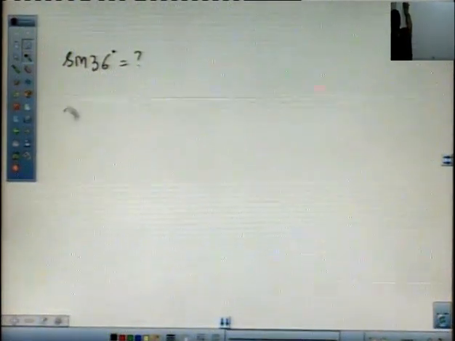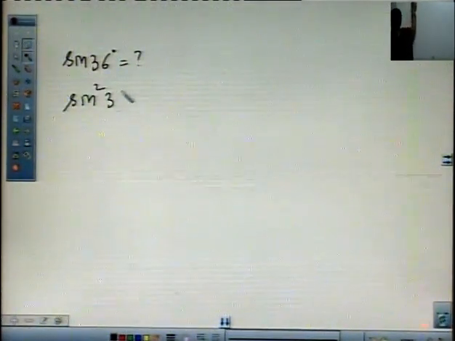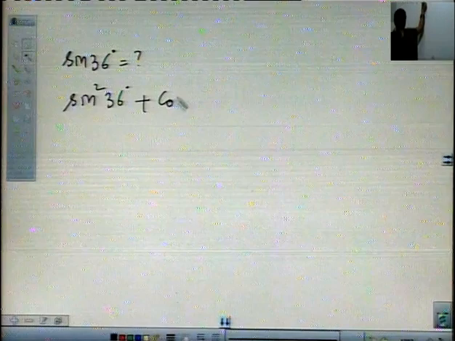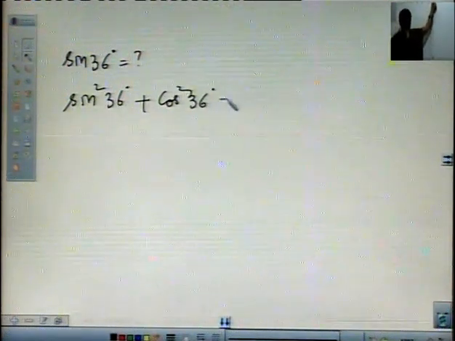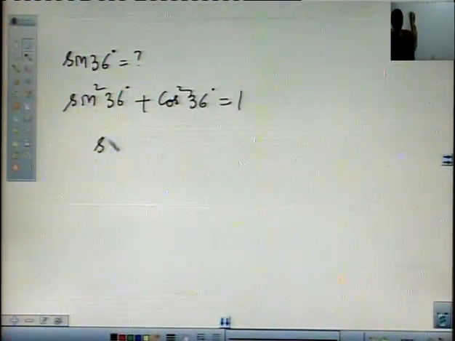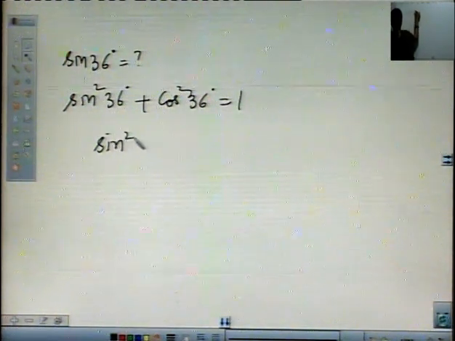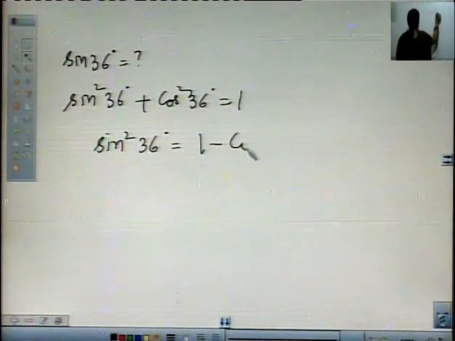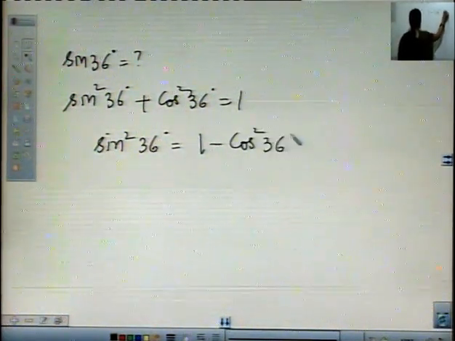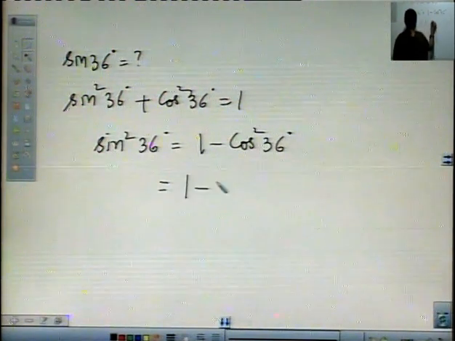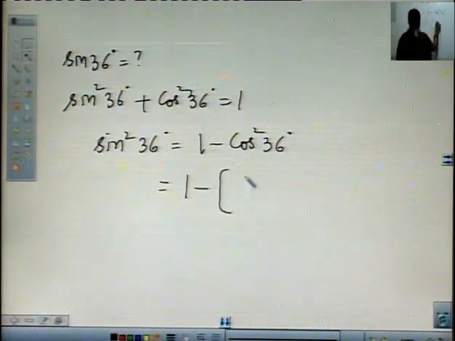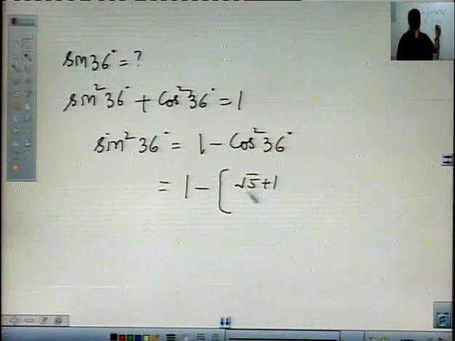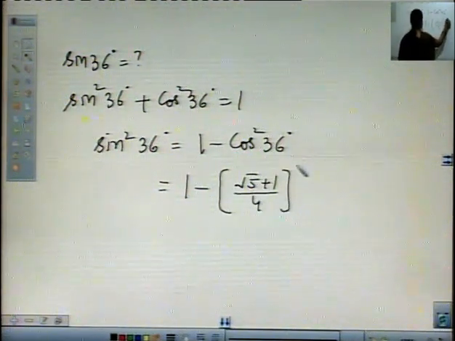Next, the value of sin 36. We know that sin square theta plus cos square theta is equal to 1, so sin square theta is 1 minus cos square theta, and the value of cos 36 is root 5 plus 1 upon 4, whole square.